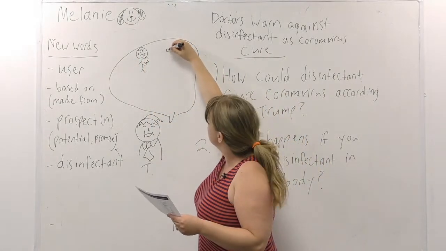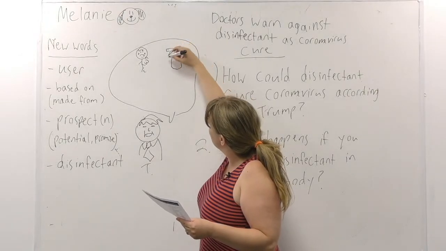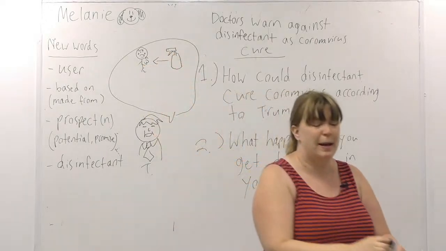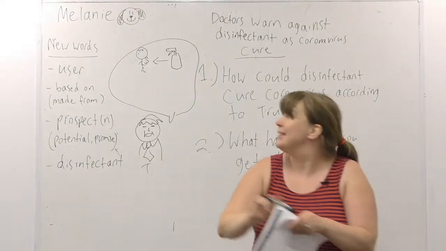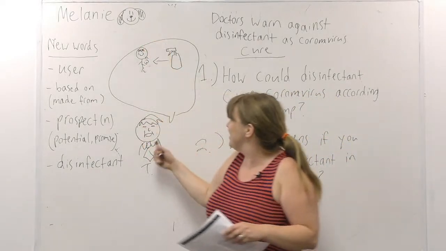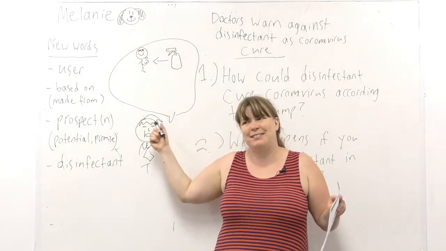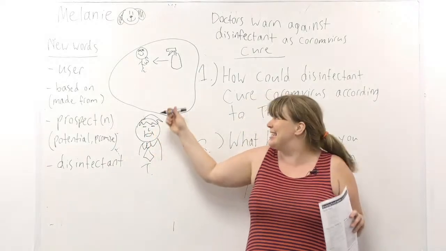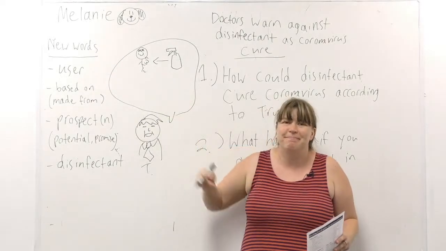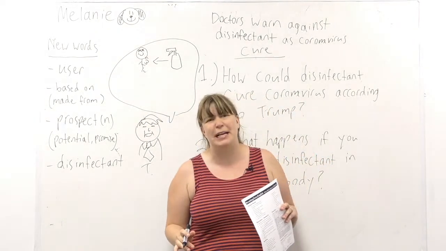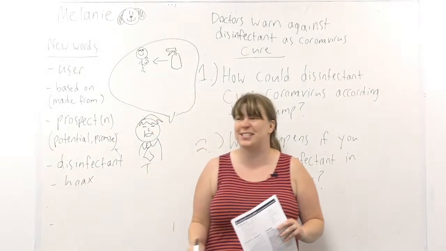And he says disinfectant can be used to make them feel better. Ta-da! All better. That's what he's saying. What do you think about this? Do you think this can happen? Do you think we can actually get better from this? I don't know. Sounds kind of like a hoax. You remember this word, right? Sounds like a hoax. Okay.